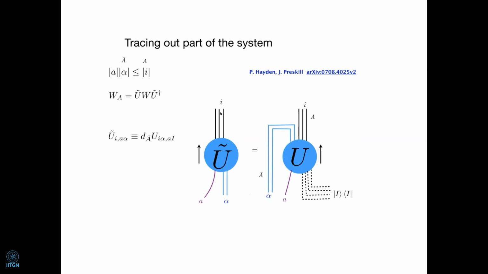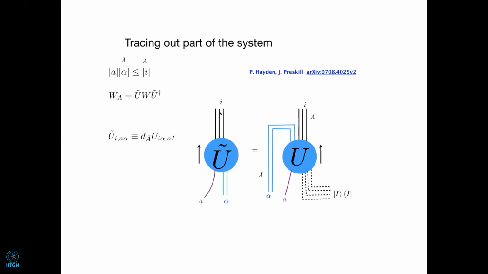And one can work out, in this case, what the Petz map does. The algebra is a little bit more involved, but the essence is basically the same as we just saw in the case when you keep the entire system. The important thing is to pay close attention to the indices, which part you sum over, which part you don't sum over.